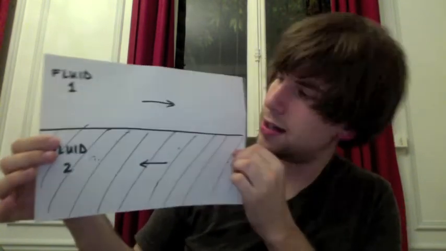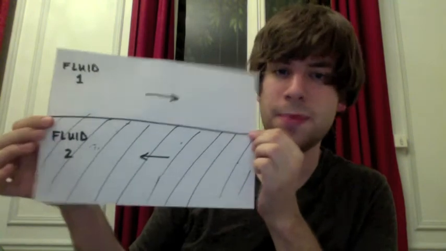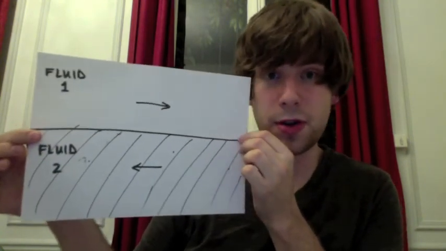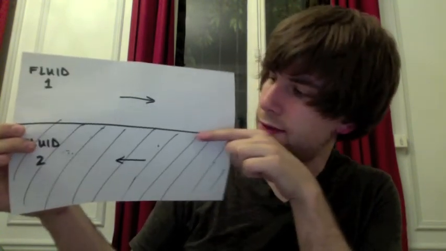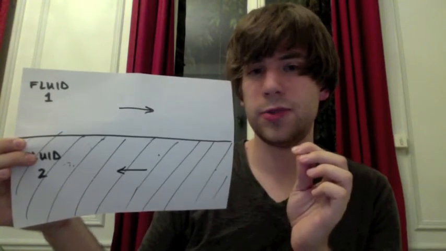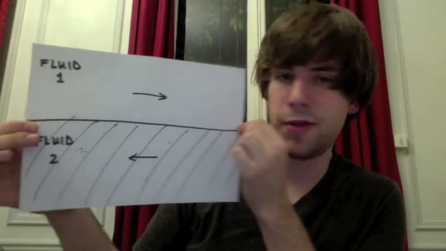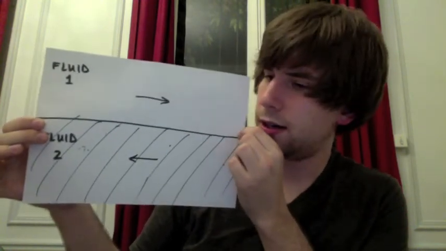So technically, this is at equilibrium. It's just unstable. So if you were to have this boundary stay perfectly flat, which doesn't ever happen in an experiment, they would just flow past each other like this forever. But that's not the case.